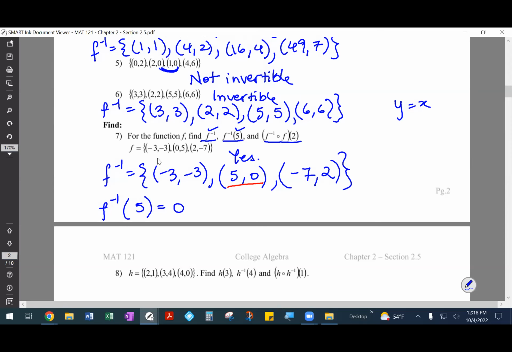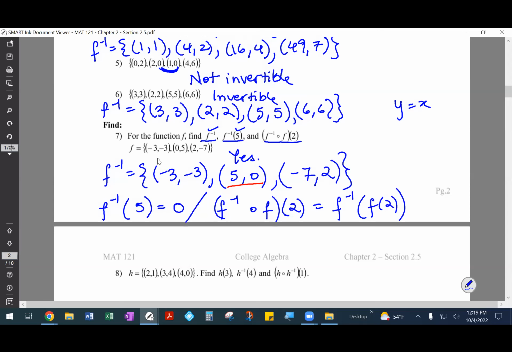Then they are asking you to do a composition between f inverse and the original function f. And we know it's a composition, right? Because of that little open circle in there, multiplication would just be a dot. So this means in the composition f inverse will go on the outside, f of 2 will go on the inside.